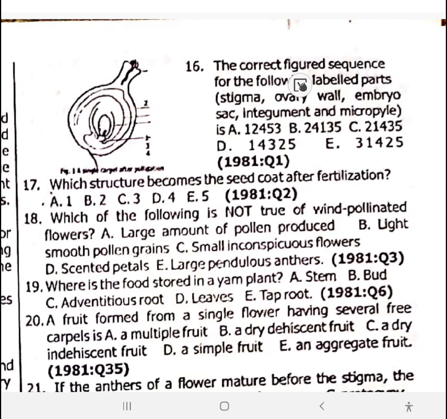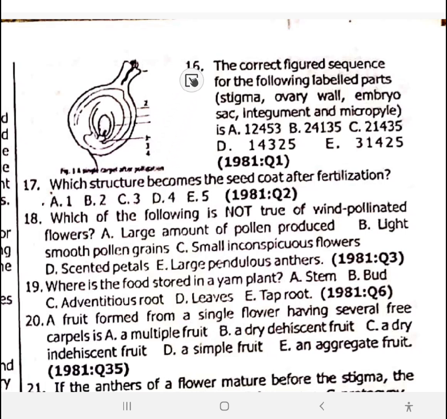The correct figure sequence for the following label parts is 2, 1, 4, 3, 5. This diagram is not clear enough, but 2, 1, 4, 3, 5.